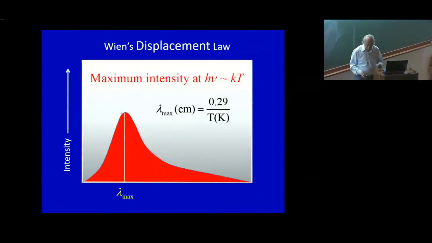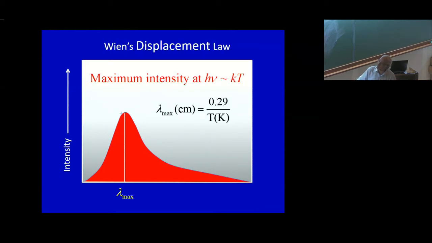So the famous Wien's displacement law, which you have all studied in pre-university, says that the maximum of the black body spectrum occurs when h nu is of the order of kT, or lambda max is inversely proportional to temperature. The frequency at which the maximum occurs is proportional to the temperature.